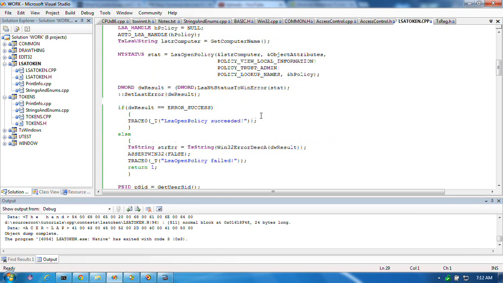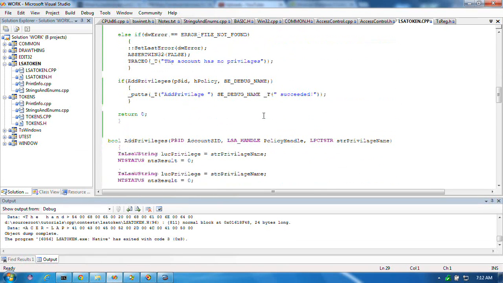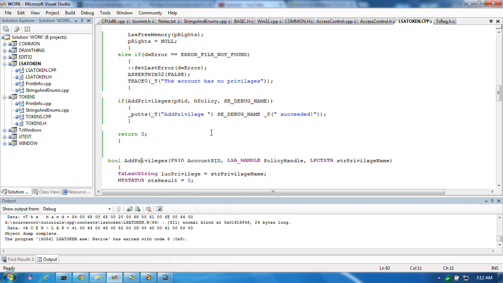And I remembered in the past something like having a function with this name, AddPrivilege. But now I don't believe that's possible anymore, nor was it possible then.